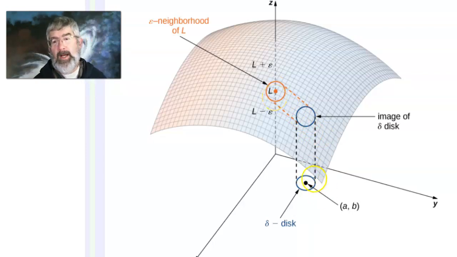If you can always find a little disk down here where all of these (x, y)'s give you the right function values, then you've got the limit. For every epsilon, you can find that little neighborhood, then you've got the limit. Okay, so just that should be a line segment, not a disk. This is a disk because you're describing a region in the plane of x's and y's. This is just a line segment.